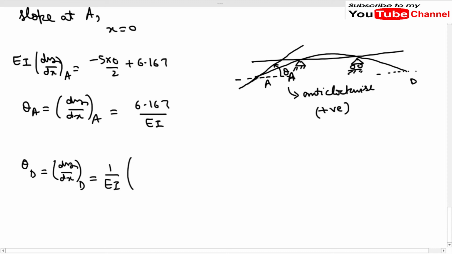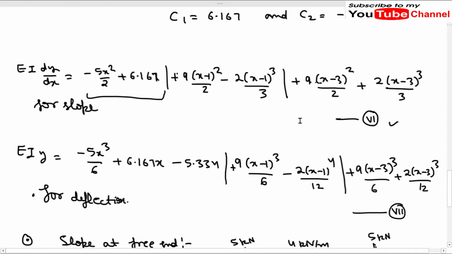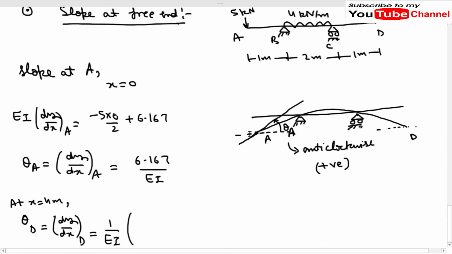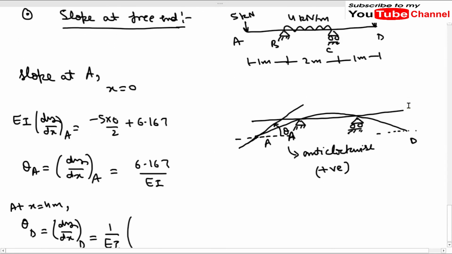Okay, so the distance of D is 4 meters. Okay, so at x is equal to 4 meter, I will just put the value of x is equal to 4 meter in this equation number 6. Okay, so I will use all the terms from first term to the last term, because now I am talking about the last segment, segment CD and the point D of this beam.